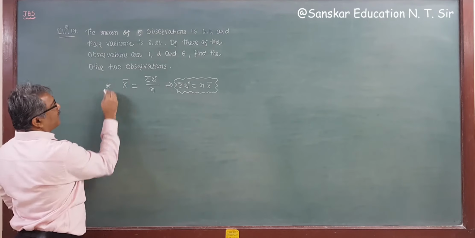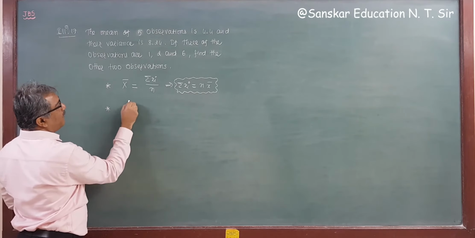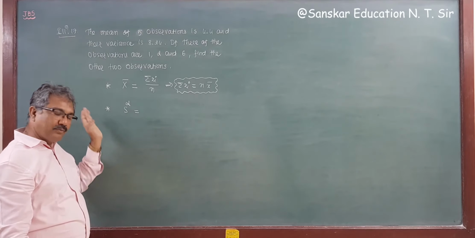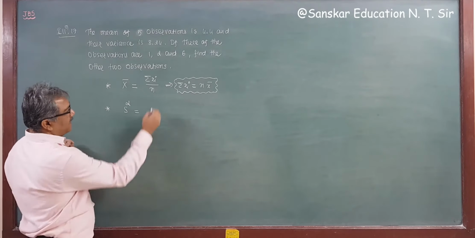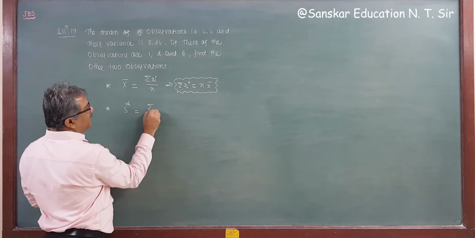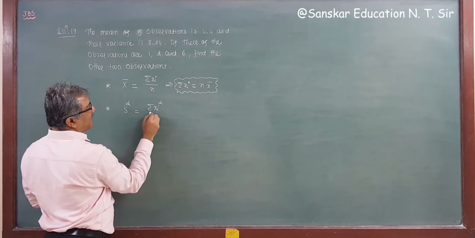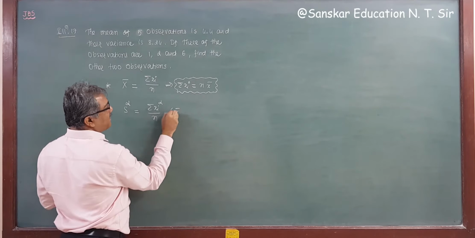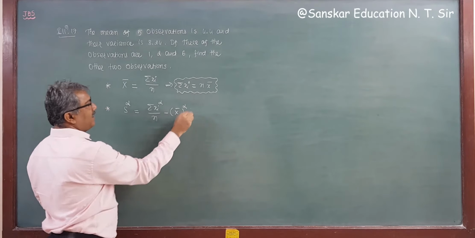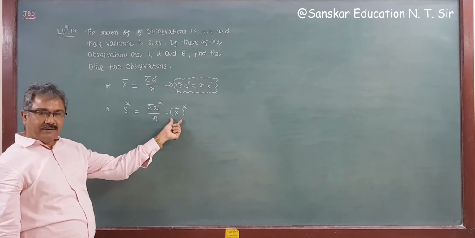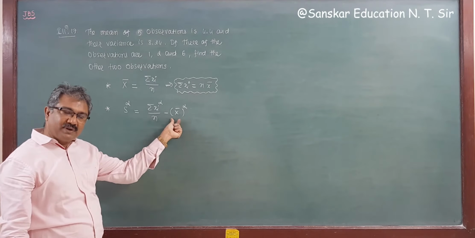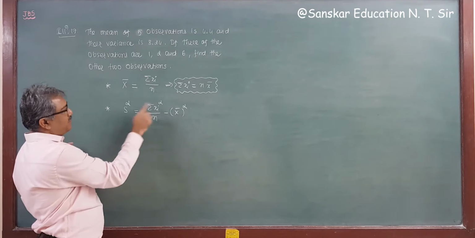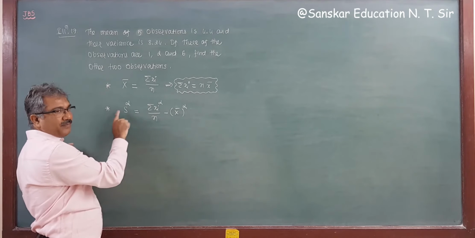And for variance, you have the formula. I am writing s square, not sigma square, both are same, is equal to sigma xi square upon n minus x bar whole square. Now if we take x bar square to the other side, this minus becomes plus.